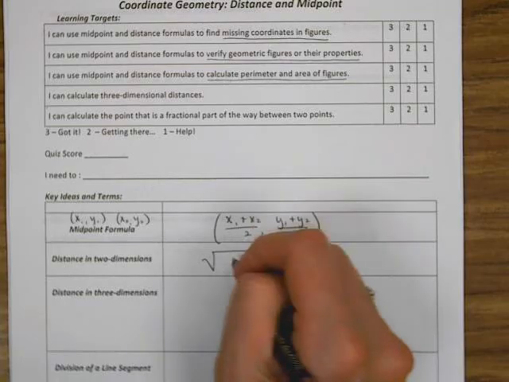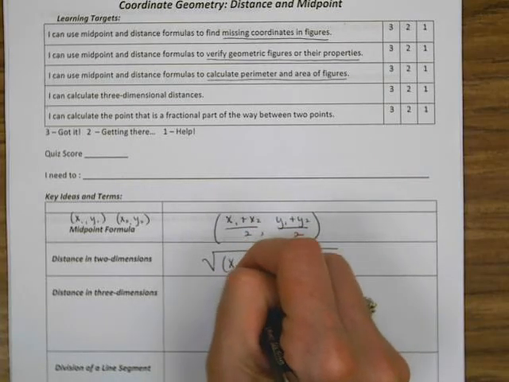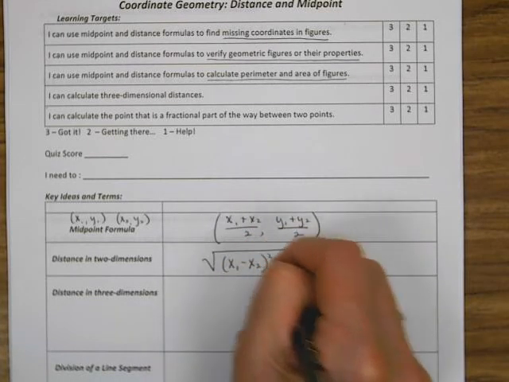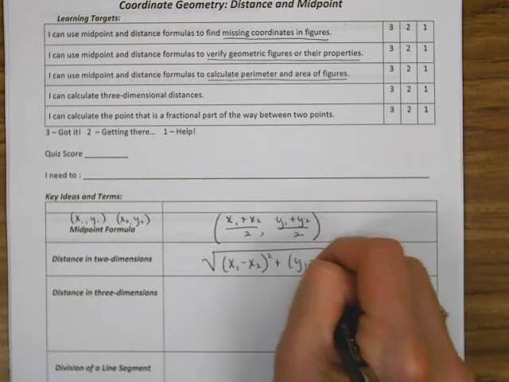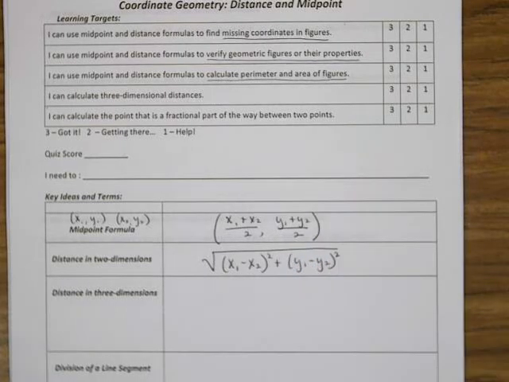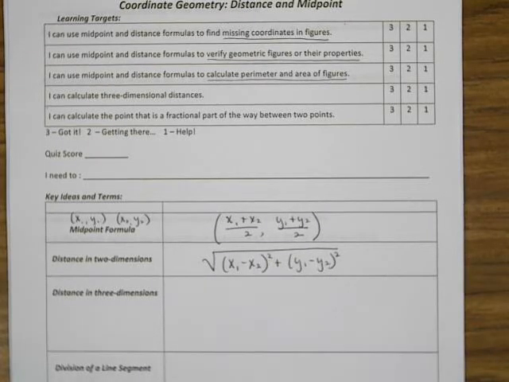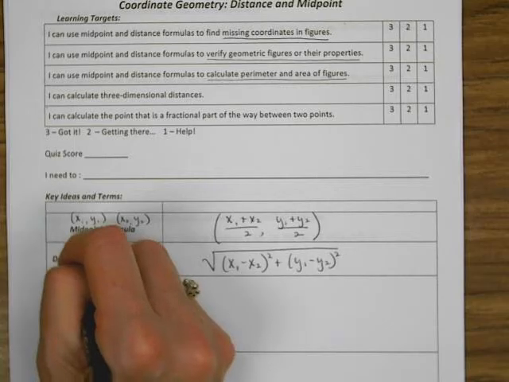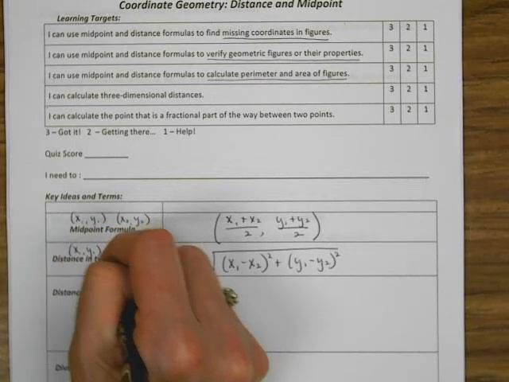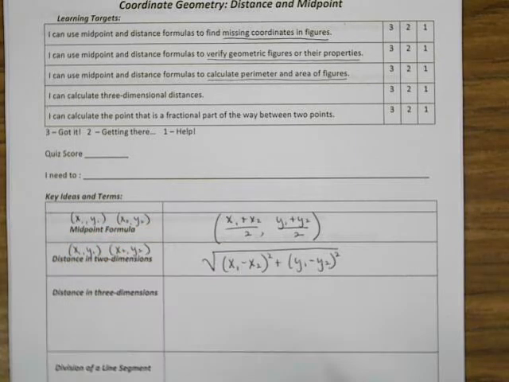We subtract the distances, so x1 minus x2 quantity squared plus y1 minus y2 quantity squared. Does not matter which order you subtract them in, you are squaring, so the sign issues will disappear. Again, that would be for points x1, y1 and x2, y2.